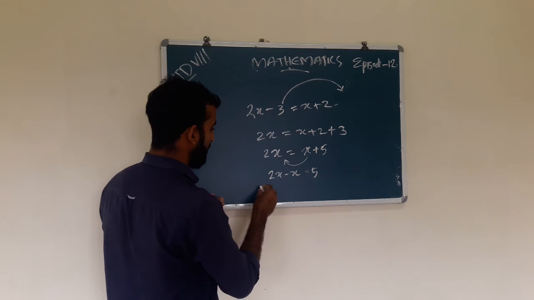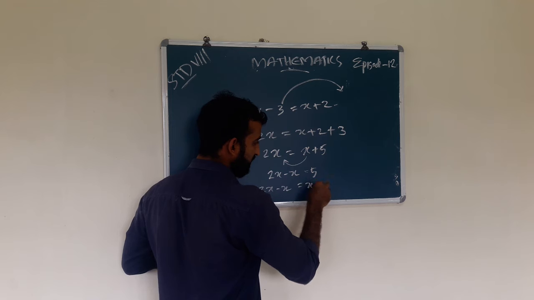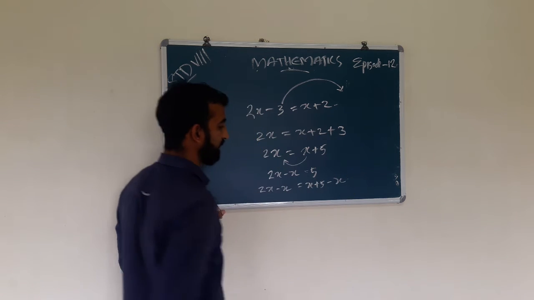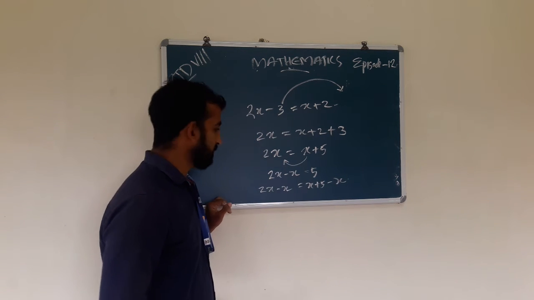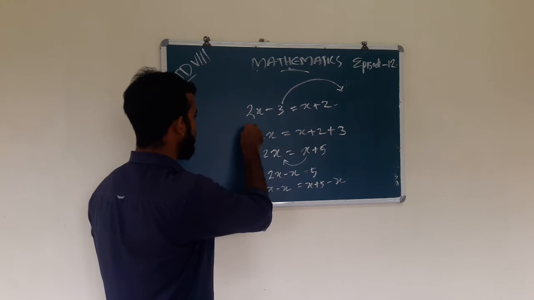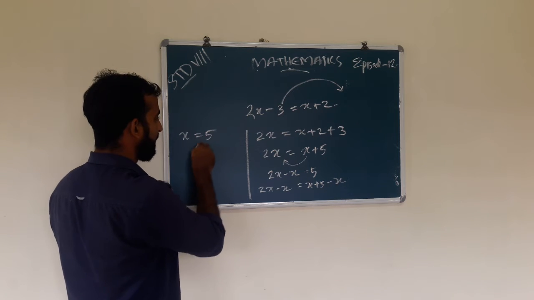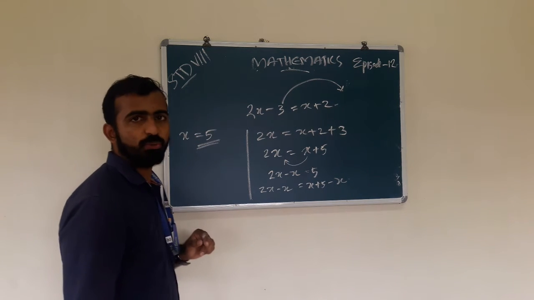Otherwise, 2x minus x equals x plus 5 minus x. That is what we get: x equal to 5. Answer, x equal to 5.